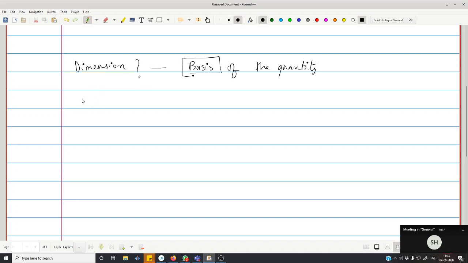So consider length. Length has a dimension of M to the power 0, L to the power 1, T to the power 0 and theta to the power 0. Here M is mass, L is length, T is time, and theta is temperature.